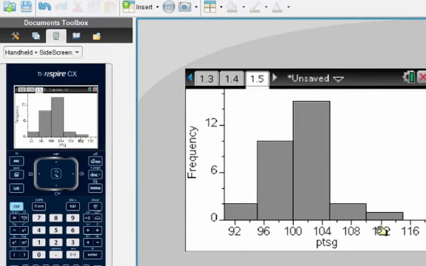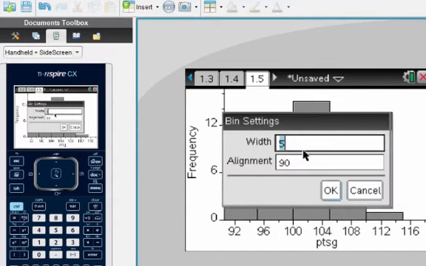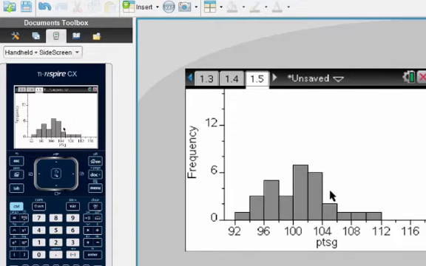And bring that in. Yeah, there we go. Alright, so this is with a class setting of 5, starting at 90. So let's take a look at what it would look like if I change that to 2, starting at 90. Okay, big difference in the way it looks. So you have to decide how you want to display your data.